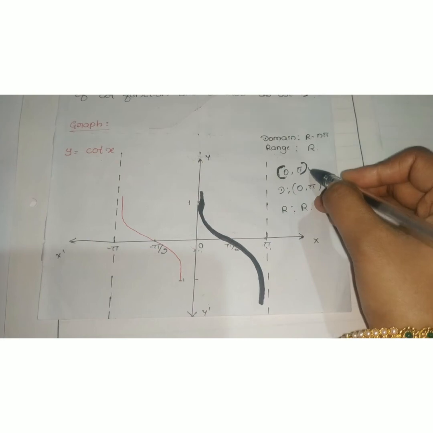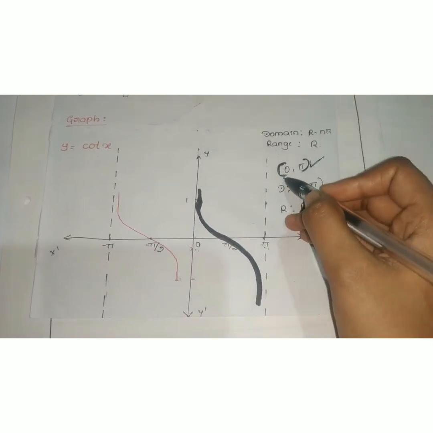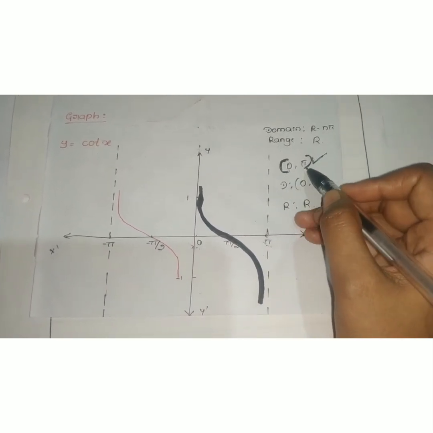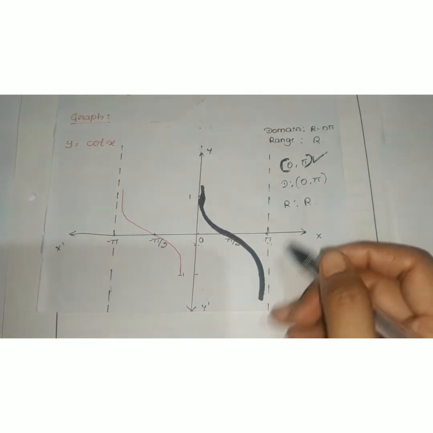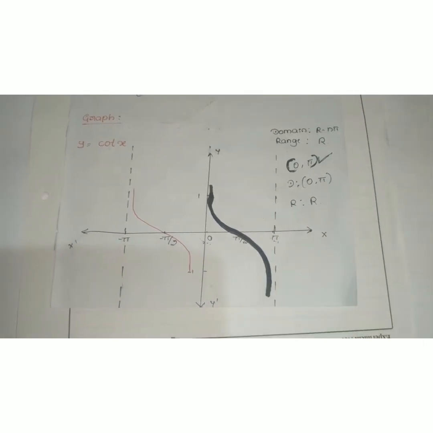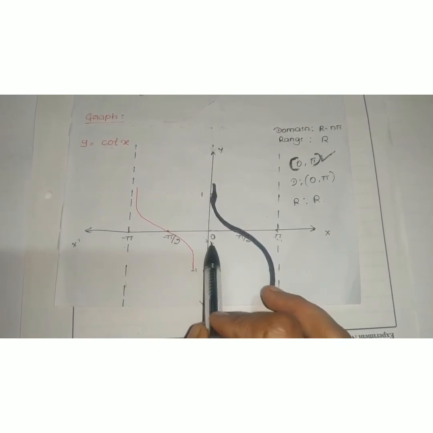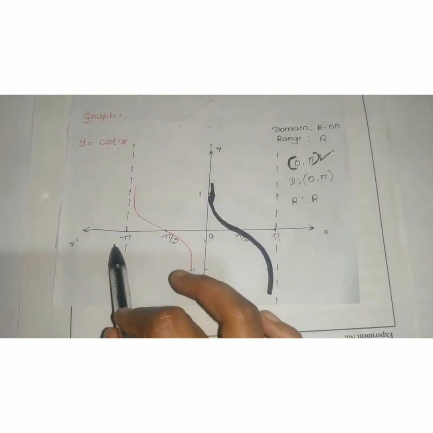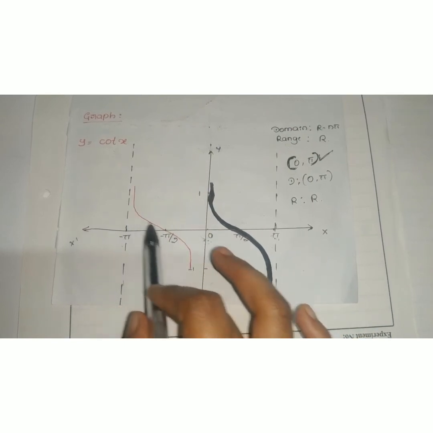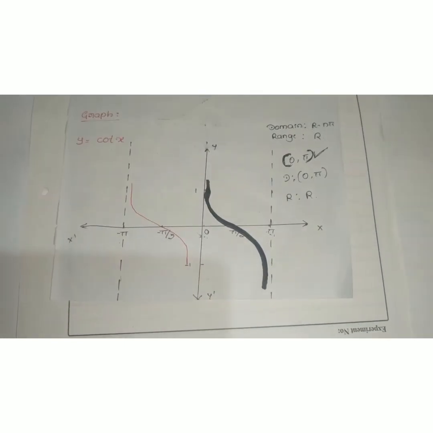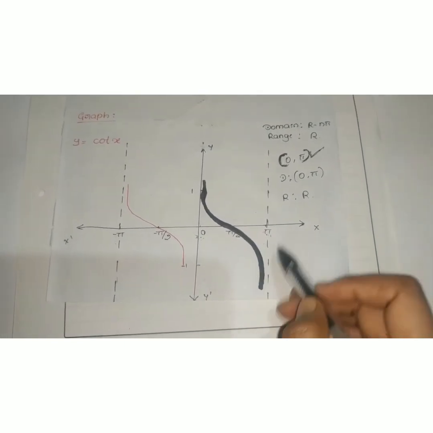So that's why the cot function is restricted to the open interval 0 to pi, or to the open interval minus pi to 0, and the cot function is also invertible there. In the same way pi to 2 pi.